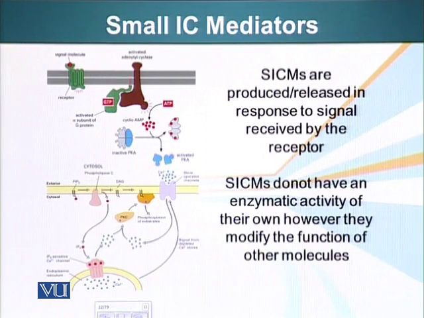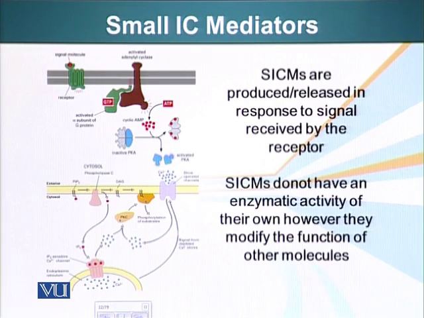Other important parts of the signaling system are small intracellular mediators. These are produced and released in response to a signal when their receptor receives a signal. These small intracellular mediators, or secondary messenger molecules, do not have enzymatic activity of their own. However, they modify the function of other molecules.